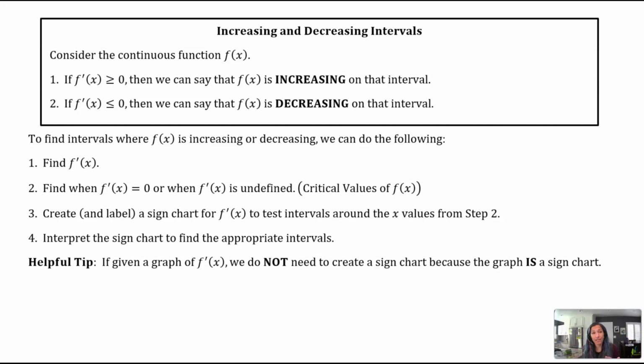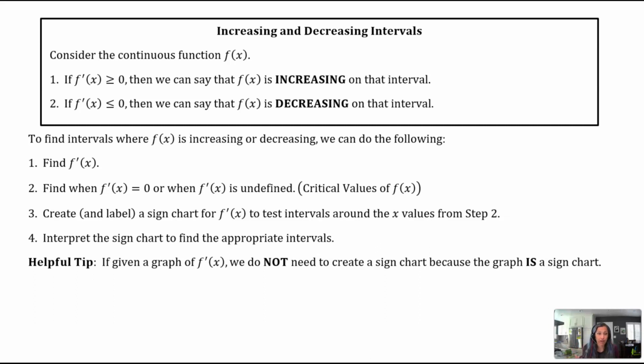And then if we want to find these intervals of increasing or decreasing, there's a series of steps that could help us do that. We would want our first derivative. We'd want to find those critical values because those are the places where our sign could change because we're either at a corner, at a vertical asymptote, right, an infinite discontinuity, or we're at what we will call a local or relative extrema.